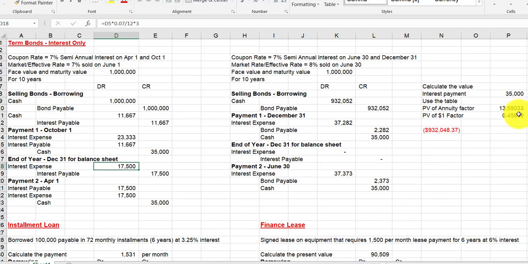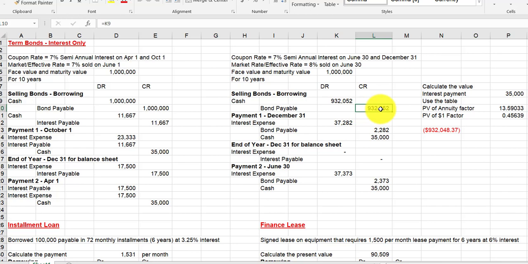You see, that's what we have here on the spreadsheet. So to get the amount of cash, we're going to take $35,000, the interest payment, times the present value of the annuity factor. Then we're going to add the $1 million times the present value of the single dollar factor. And that's what the formula is here in cash.